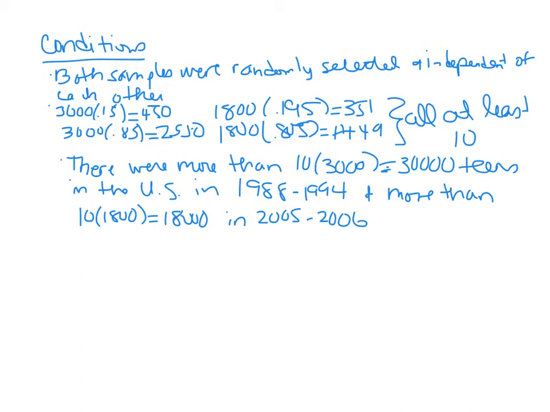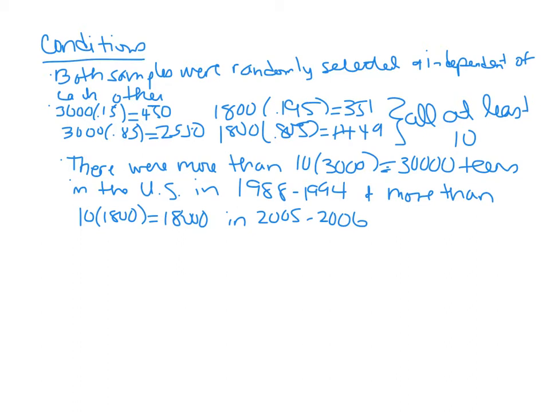With the np and n(1 minus p) conditions, I want to caution you: usually we use the p from the hypothesis, but if you look back, you don't actually have a p. So we are just going to use the values we were given for our p hats. That's really the only thing we can do, so that's how we check these conditions.